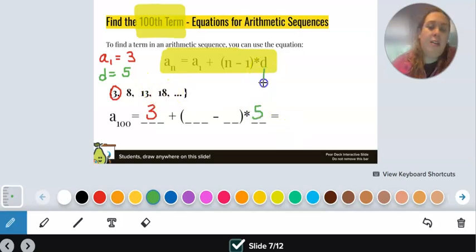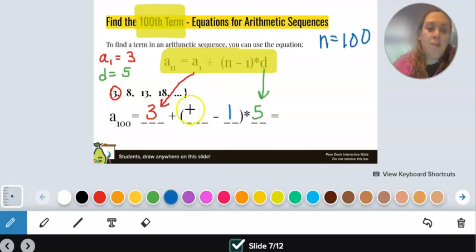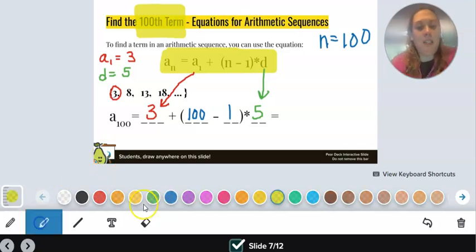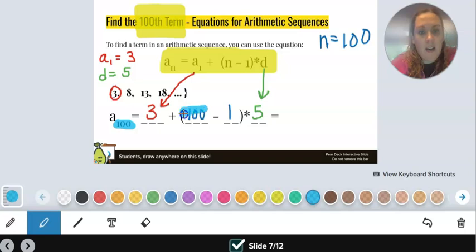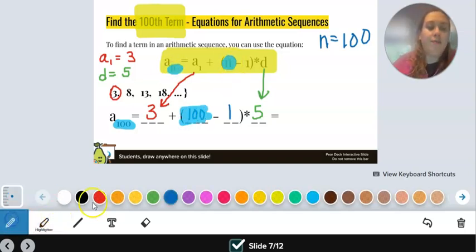So that's what we're putting out here. So here's our difference, and here's our first term. Now the n is whatever number term we're trying to find. So we're trying to find our 100th term, so our n is 100. That's why we see 100 here and here. We're finding the 100th term, so we're plugging in 100.